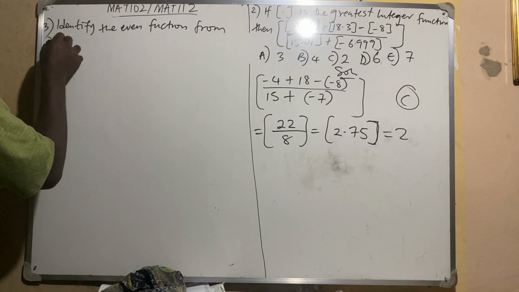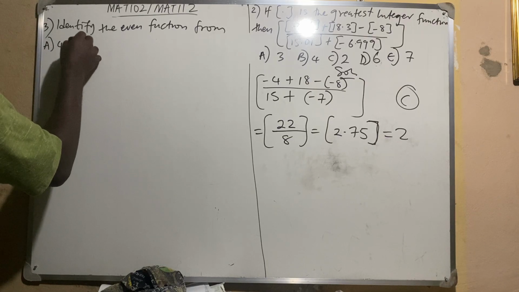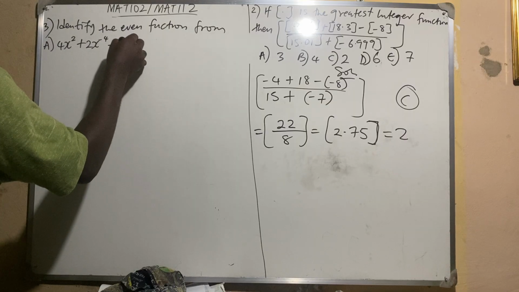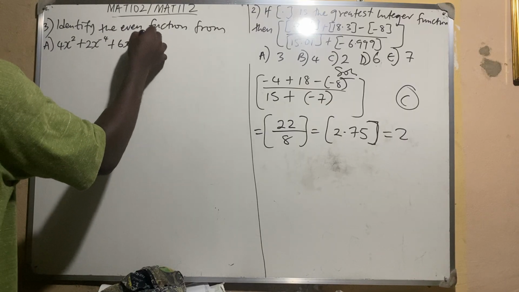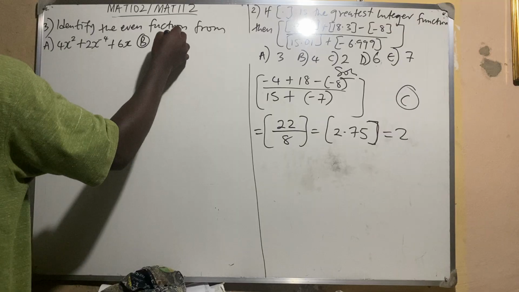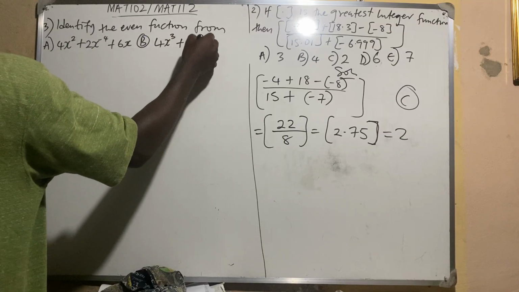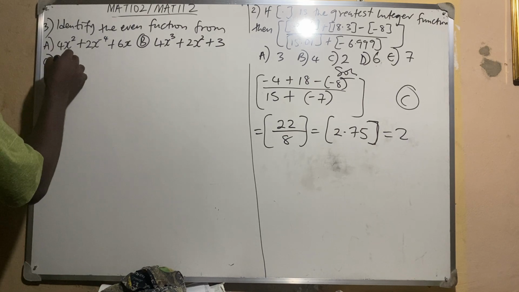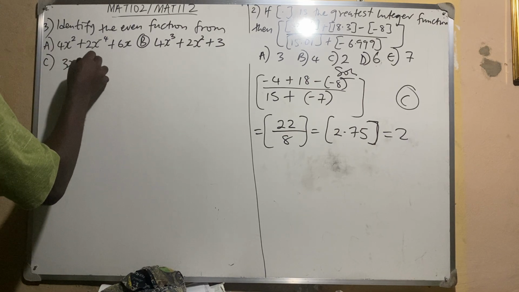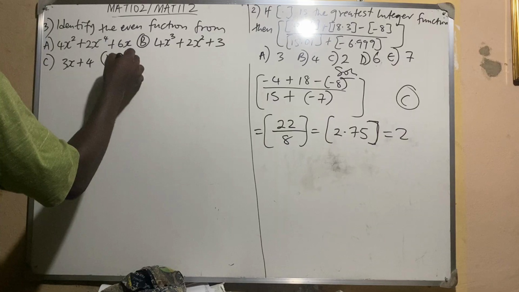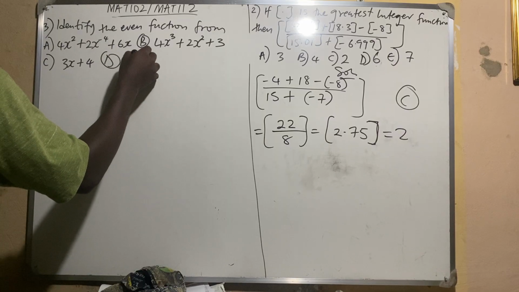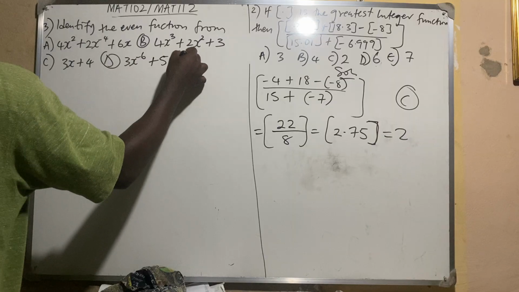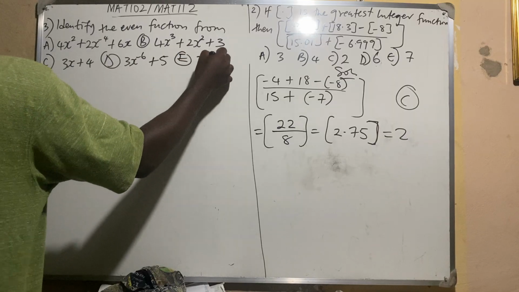A, 4x squared plus 2x raised to the power minus 4 plus 6x. B, 4x raised to the power 3 plus 2x raised to the power 2 plus 3. C, 3x plus 4. D, 3x raised to the power minus 6 plus 5. E, x plus 2.